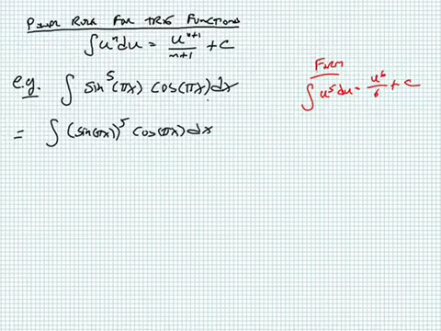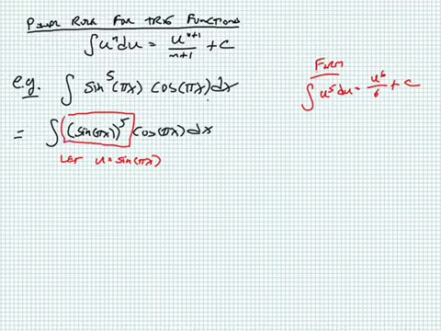Okay, so what I got here is I want to let u be equal to sine of pi x. And so what that enables me to do is that this whole term is u to the 5th. Now notice I'm not using the trig rule because one of the trig functions is to a power. And so the power rule takes precedence.